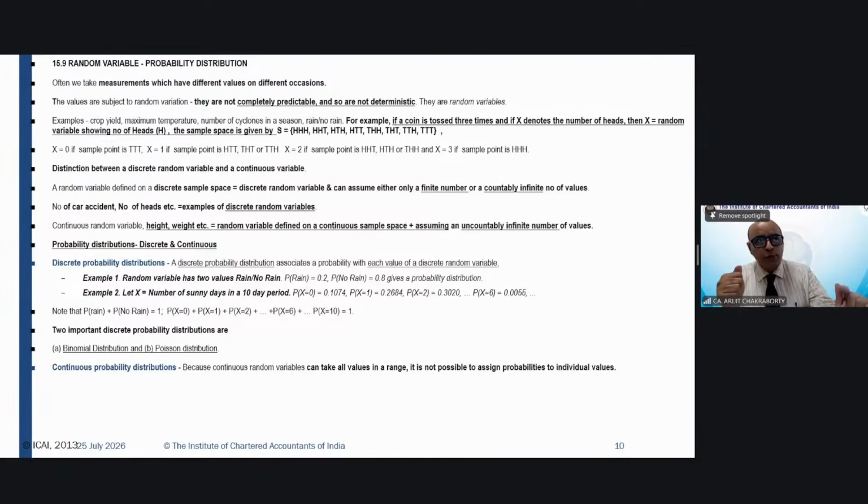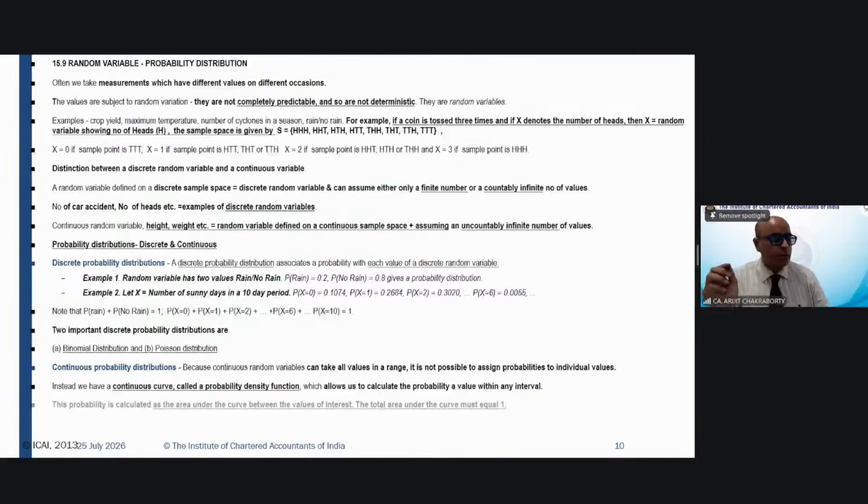So it is possible to identify which values it is going to occupy and to assign respective individual probability. But in case of continuous probability distribution, the random variable can assume all values in a given range, so it is not possible to assign individual probability. There we will use a curve or a graph, and that is known as the probability density function. We will take this up in chapter 16.